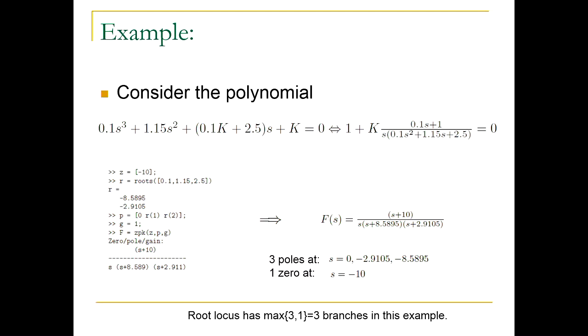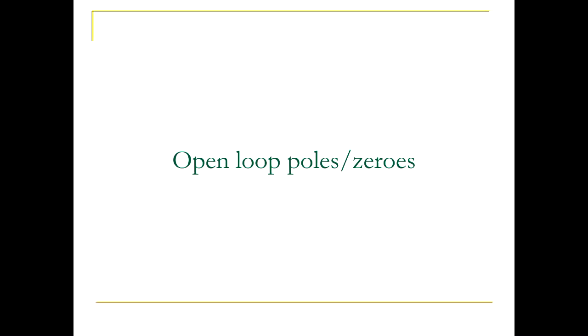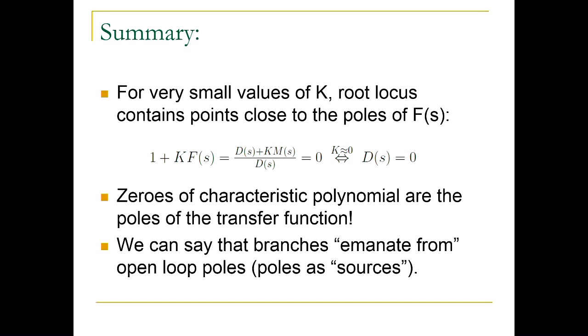So this looks very simple, right? Let's look at the open loop poles and zeros. Why are these important? We'll analyze that now. Note that in the formula 1 plus k times f of s, f is rational. I can rewrite this as d plus km over d. So when is this 0 for small k? When d is equal to 0.